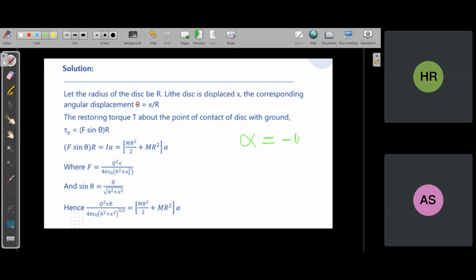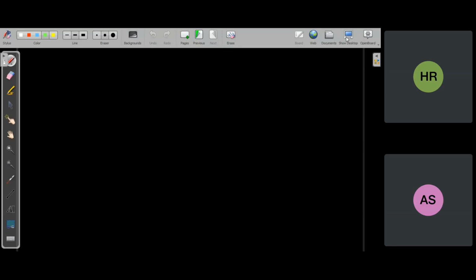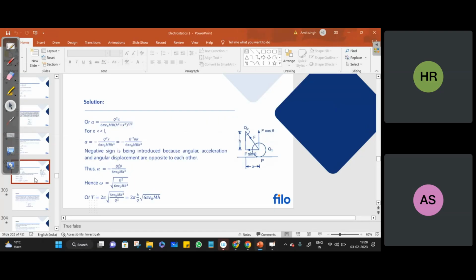Either you do this, or you find the linear acceleration is equal to minus omega square x. You can express it in any form.